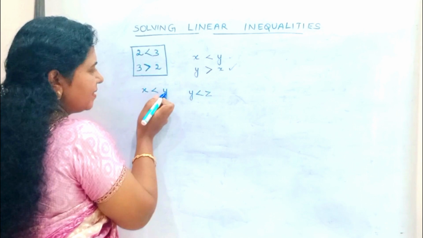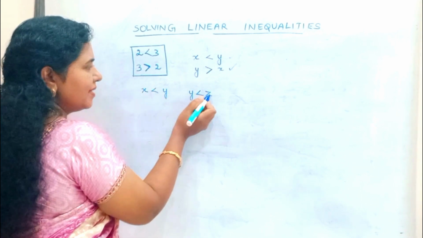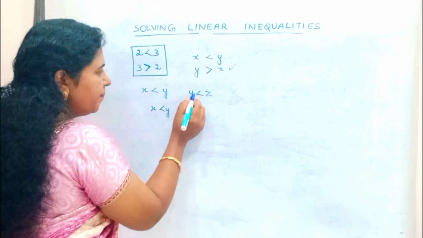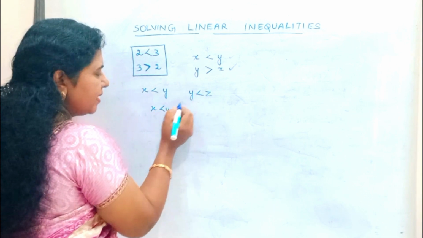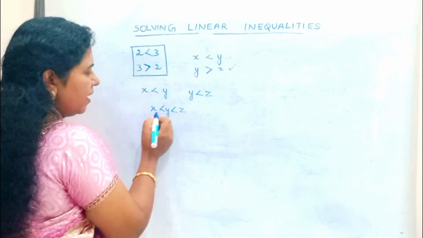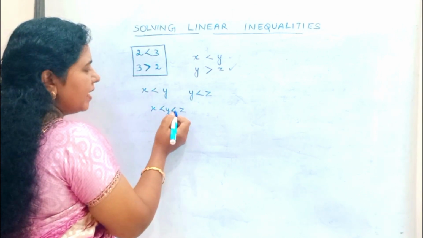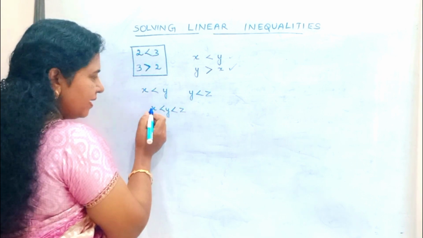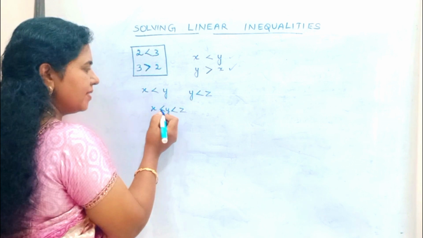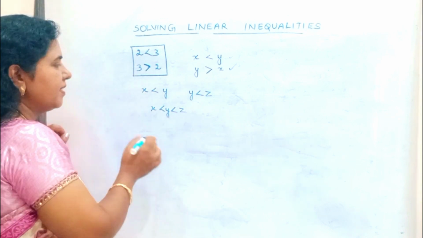So x is less than y and that y is less than z. So we can combine in this way: x is less than y, less than z. It means that x is less than y is less than z, and also x is less than z. So we can take it in any way.